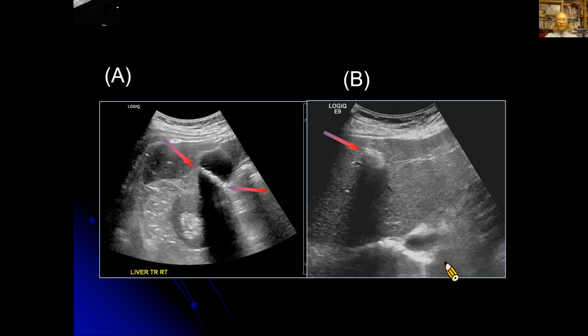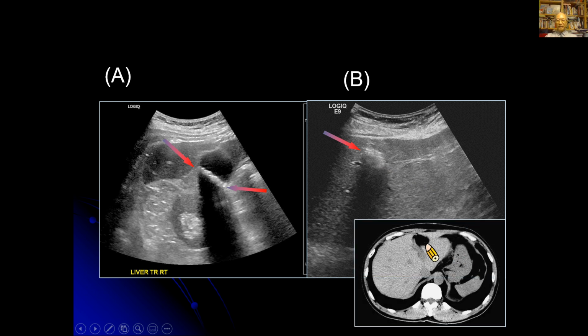Everybody knows this because that's the typical acoustic shadow from gallstone. But how about this? There's a nodular hyperechoic lesion with acoustic shadows. Could be an intrahepatic stone, but actually not. It's fat.